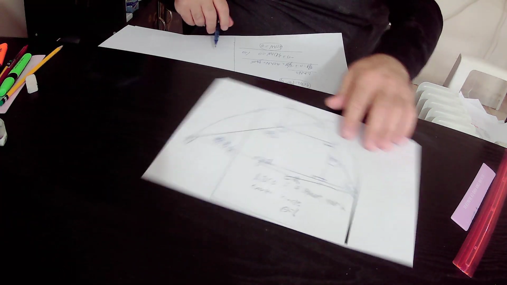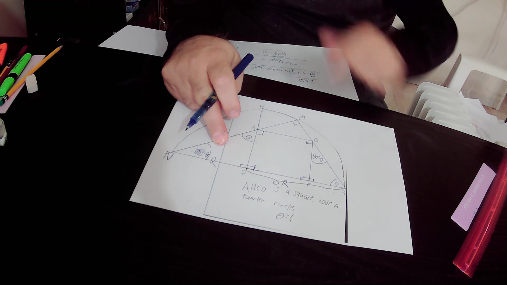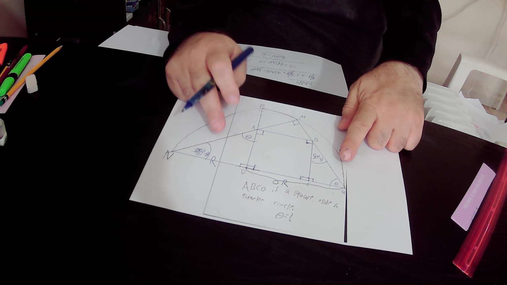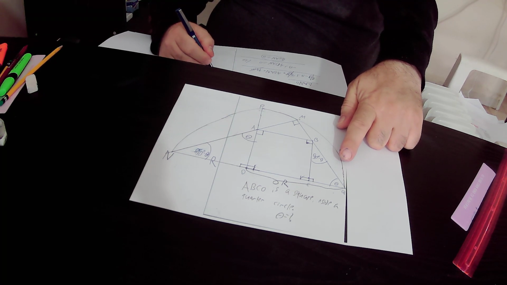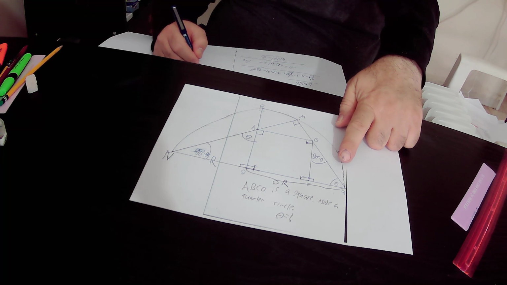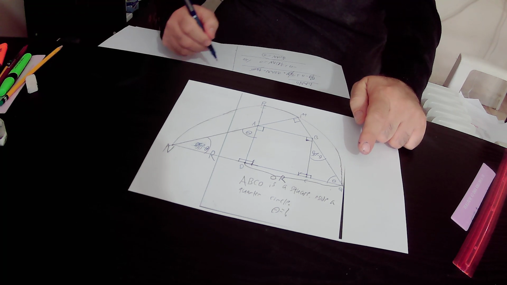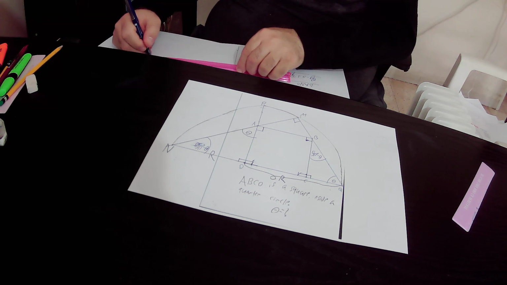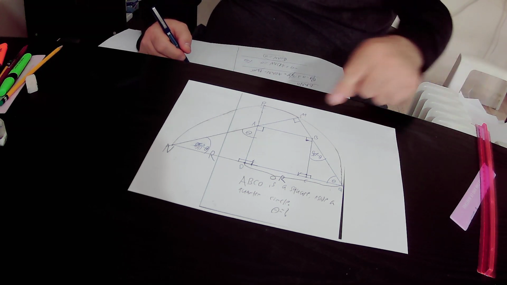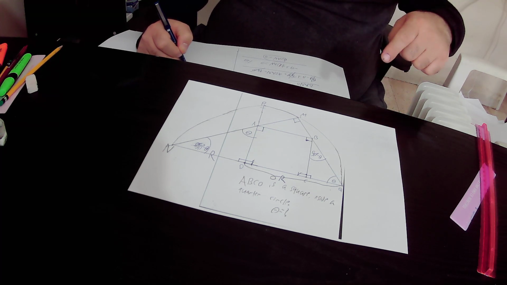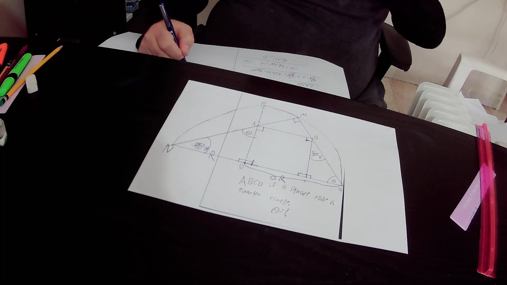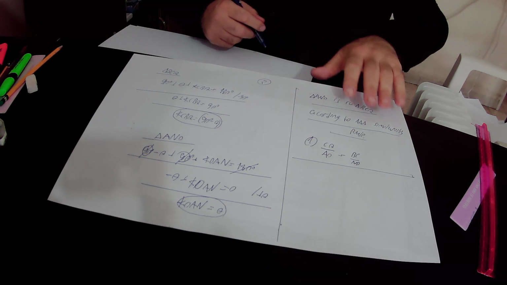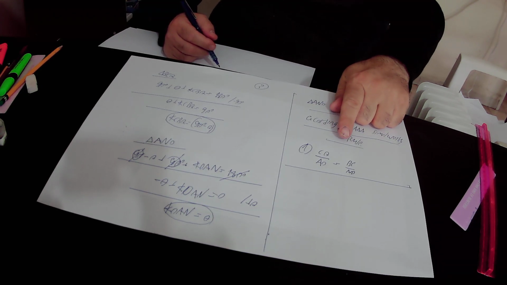From the fact that those two triangles are similar to each other, we conclude that the following relationship exists between their sides: CQ over AO is equal to BC over NO. I repeat again, from the fact that the two triangles are similar, we conclude that CQ over AO equals BC over NO.